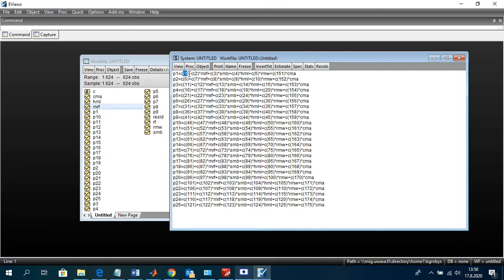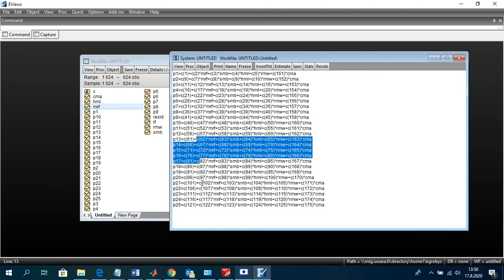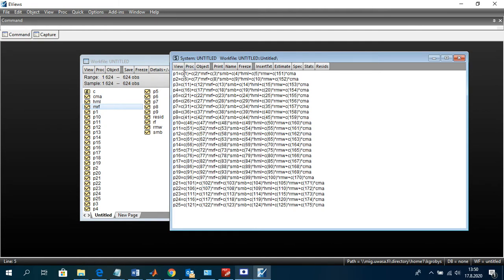So C1 can have a correlation with C2, but it's also allowed to have a correlation with C6. And C1 is also allowed to have a correlation with C11, and so on and so forth. So all point estimates of all equations are correlated with each other.